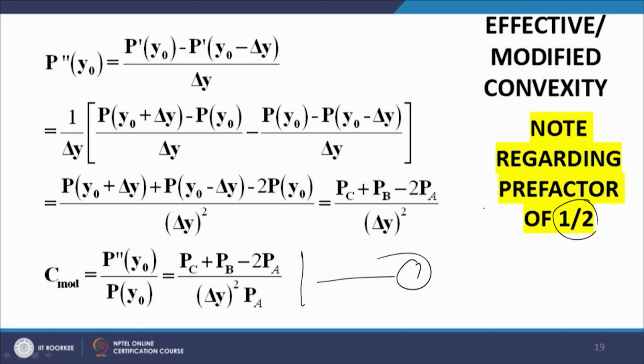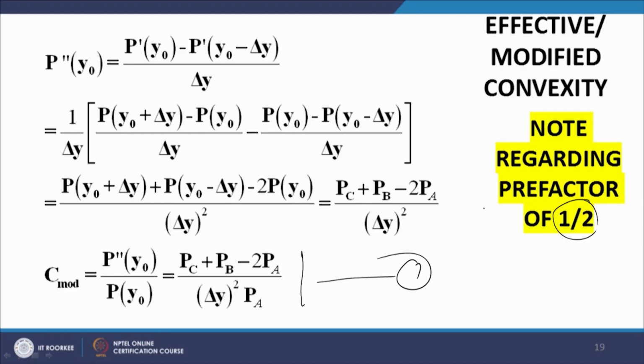That is the convention followed in some of the textbooks, particularly the textbooks that are recommended by CFA or that are prepared in reference to the syllabus of the CFA examinations. In those textbooks, this factor of 1 by 2 is not incorporated in the definition of convexity, as a result of which when we work out delta p upon p, what we use is minus D mod into delta y.